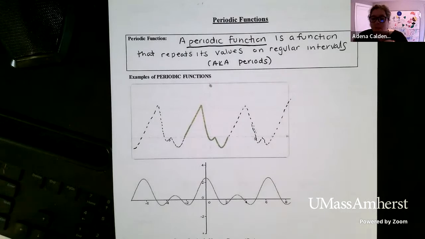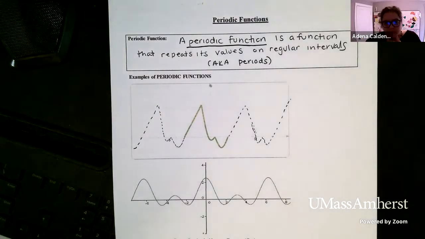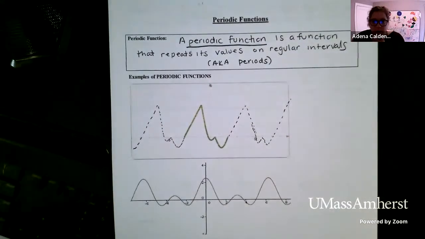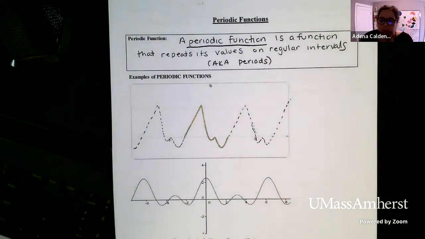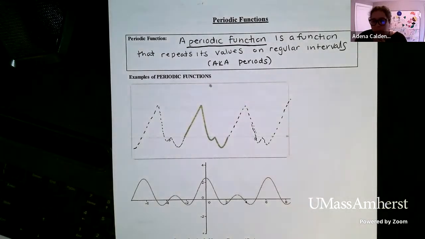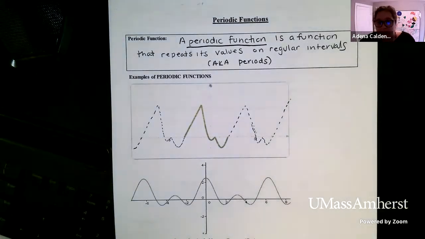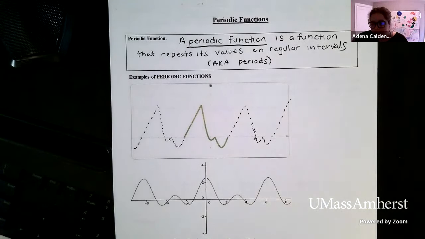There's a lot of power in predictability. People try to do this sometimes with the stock market. If they see a trend or a pattern, they think, oh, this looks kind of periodic, I think this is going to happen, it's either going to drop or go up. The stock market is not a good place to test this out on, so keep that in mind.